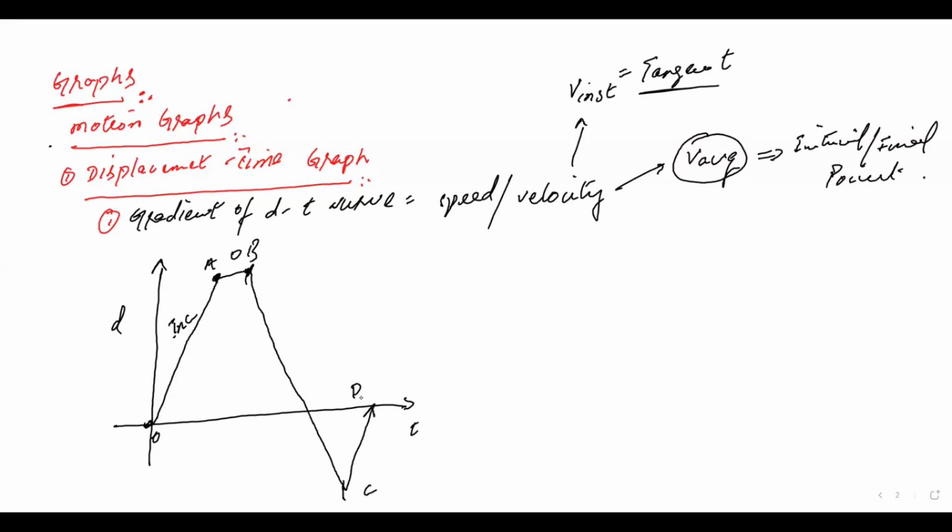Now from this displacement time graph, how would you get the acceleration time graph? This is the displacement time graph. What is going to be the shape of the acceleration time graph from here?